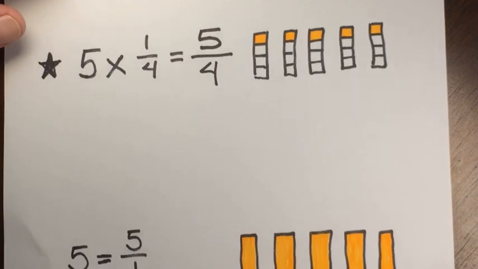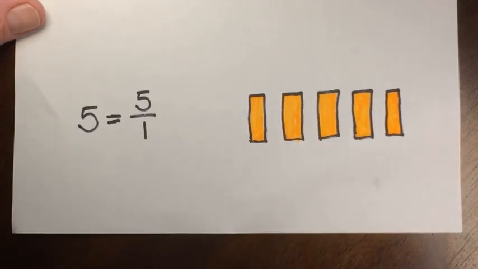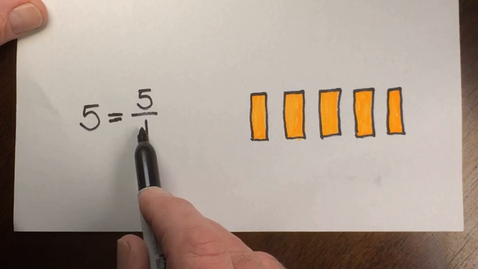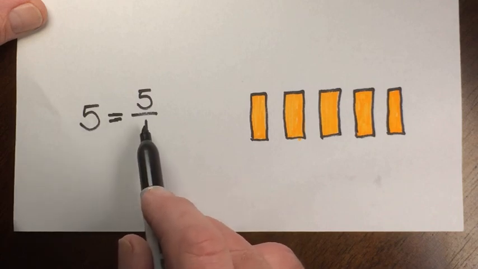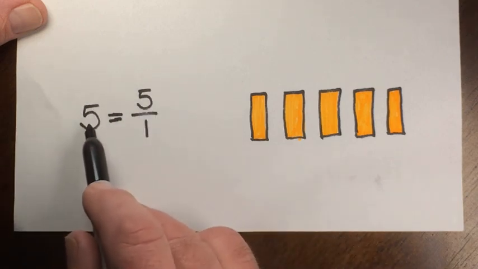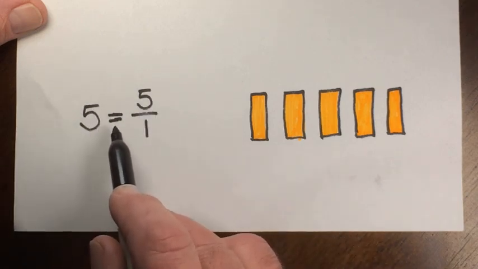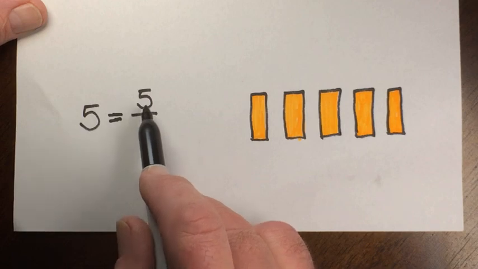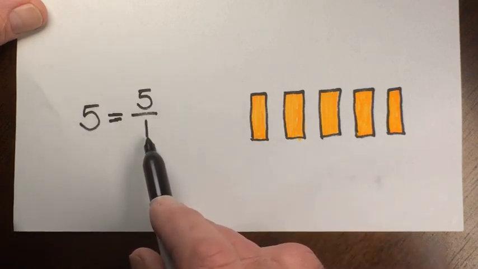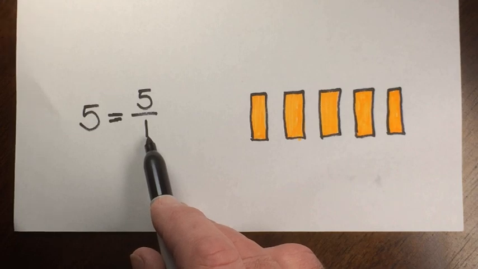Next part of our lesson is going to be moving on to changing whole numbers into improper fractions, because that'll help us do our next step in the problem for doing this kind of math. I want to make sure you understand that 5 really means 5 over 1, an improper fraction, because the bottom number always tells us how many parts we have divided into.